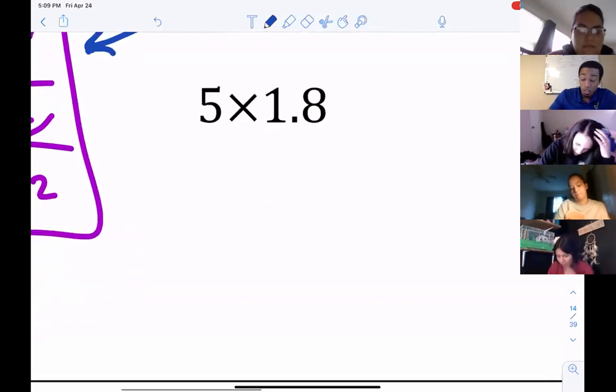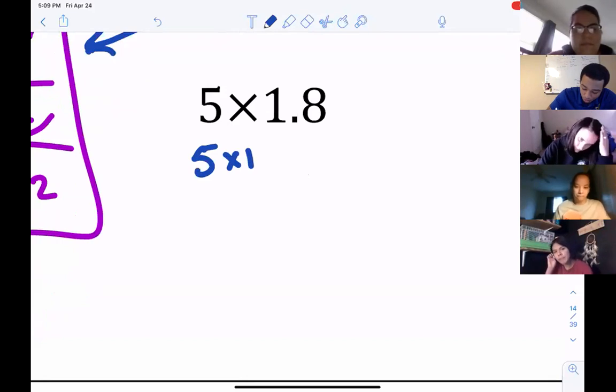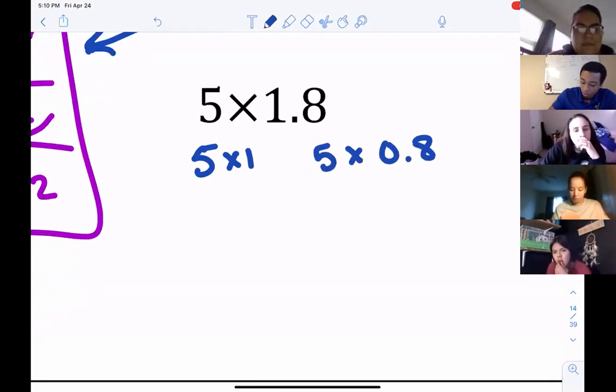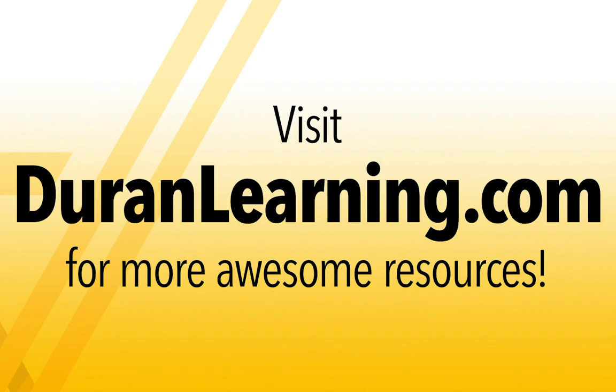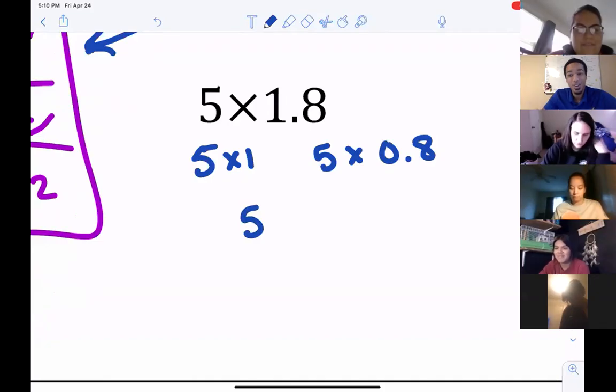So you can do it the first way, right? You can say, hey, 5 times 1 and 5 times 0.8. 5 times 1 is 5. Everybody, what's this going to be? Okay, let's make it easy. What is 5 times 8? That'll be 40.